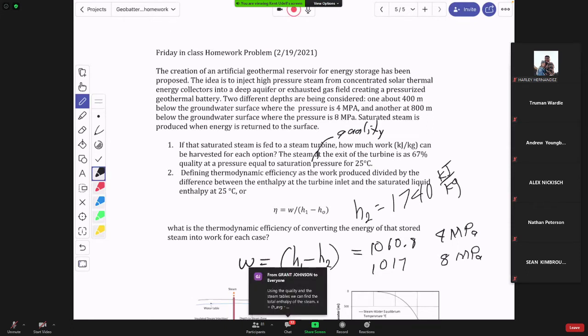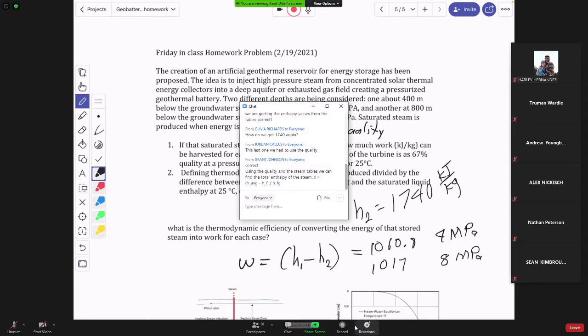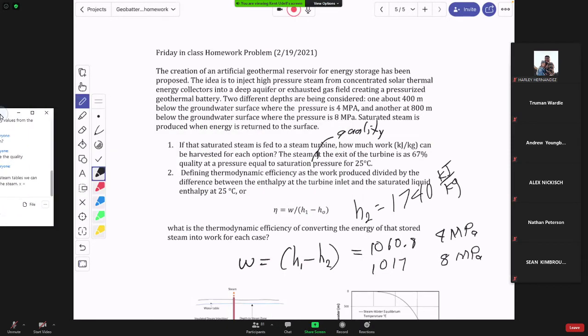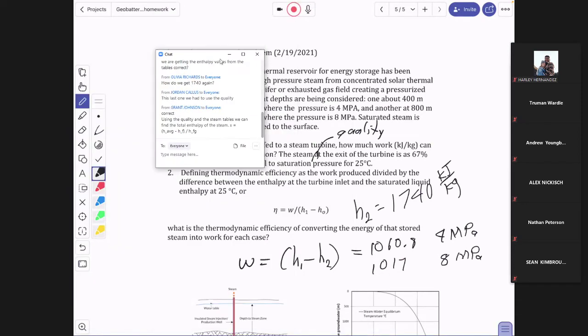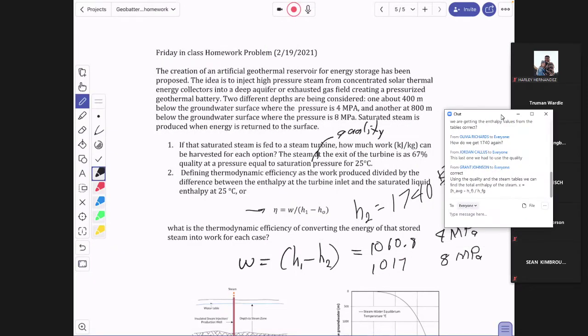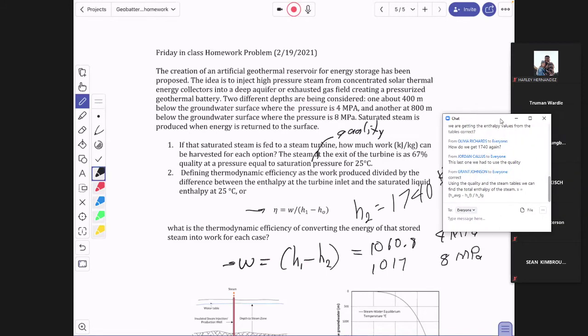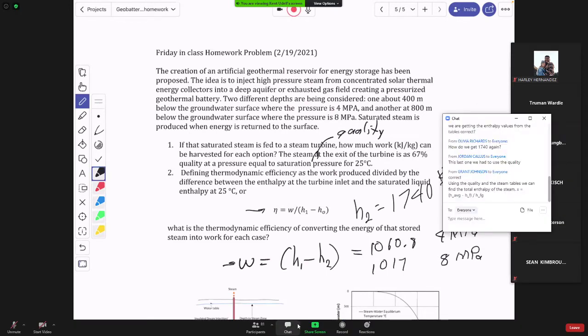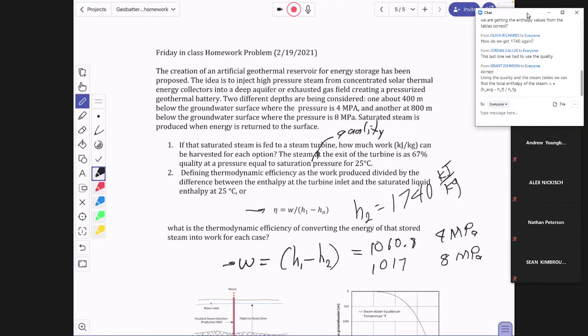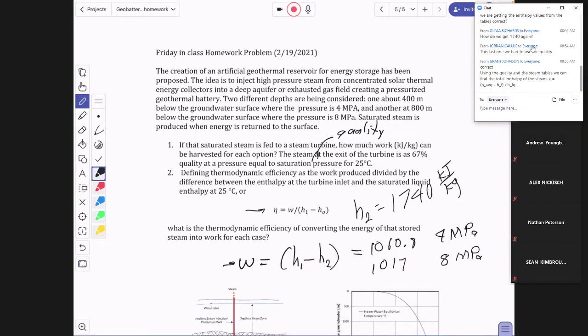Okay, for those two different values, one of the things we like to define on these systems would be the thermodynamic efficiency. And so we'll define that with this expression here of eta, which is the work that we've calculated, the work that we're getting out, divided by the heat energy that has gone into the system. And now the heat energy is always referenced to something.